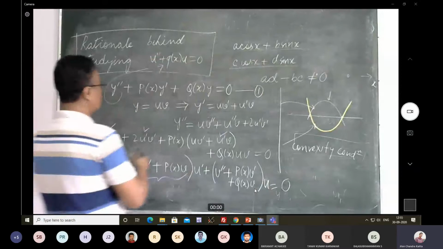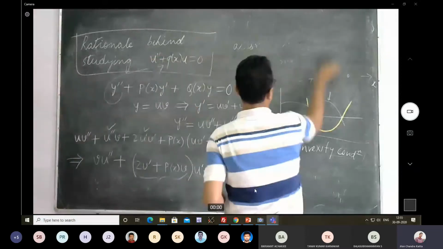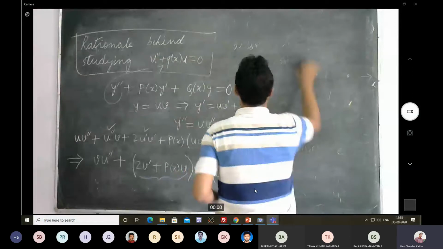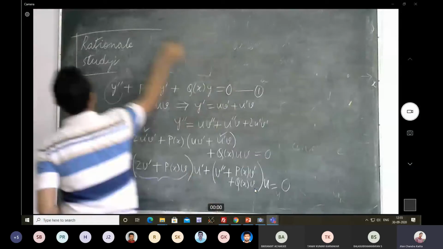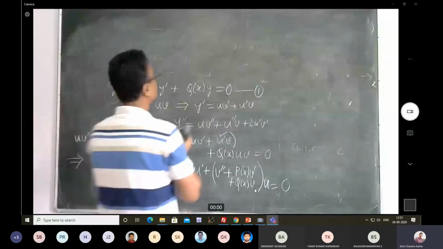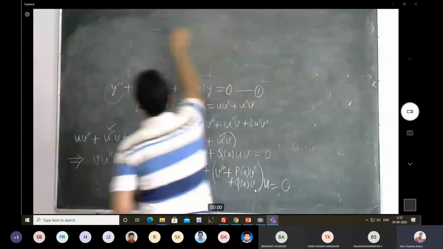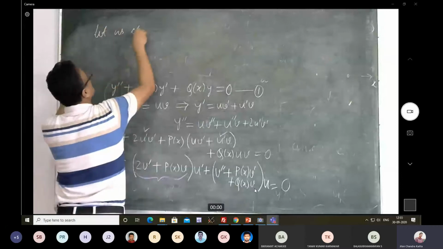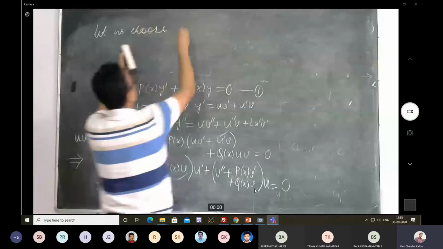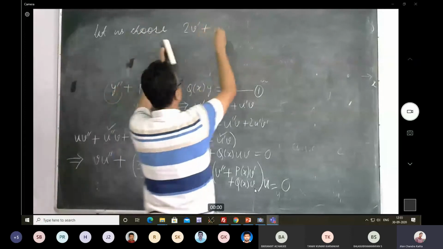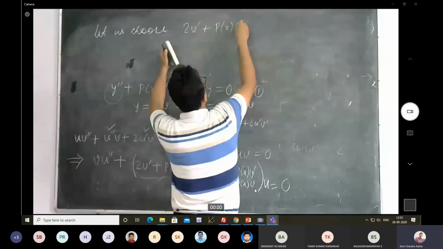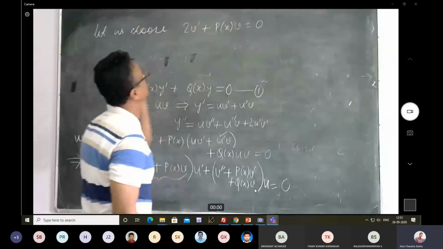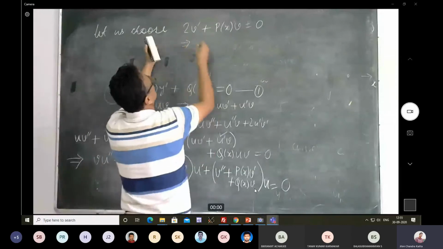So let us choose 2v prime plus p(x) v equal to 0.